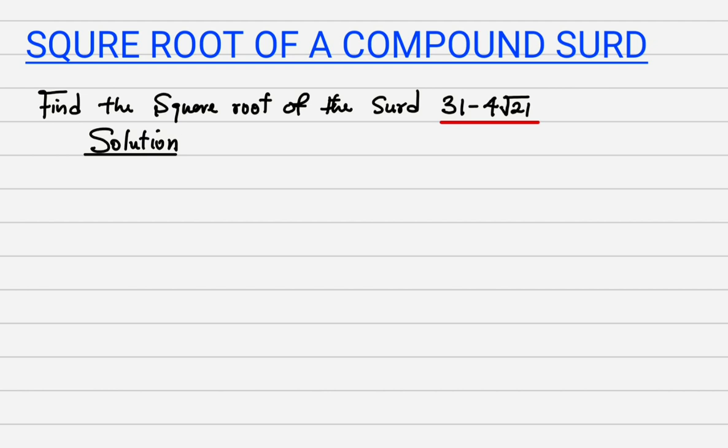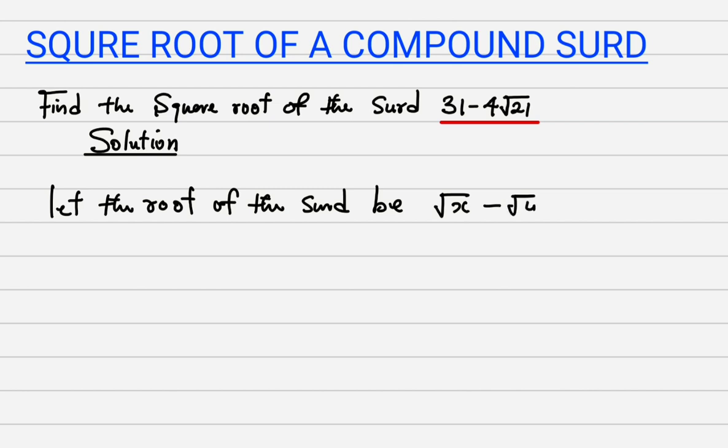Now, the first thing we need to do is let the root of the surd be root of x minus root of y. I chose root of x minus root of y because it is 31 minus 4 root 21.